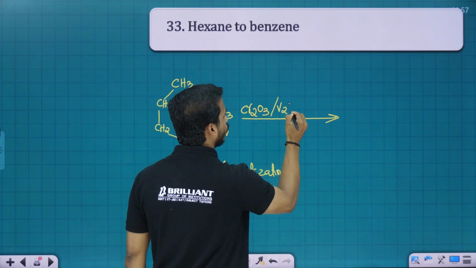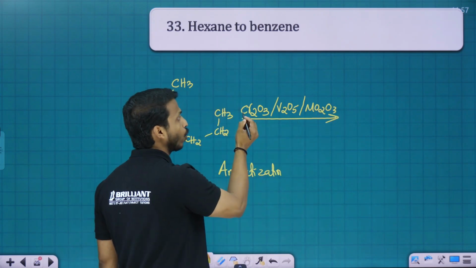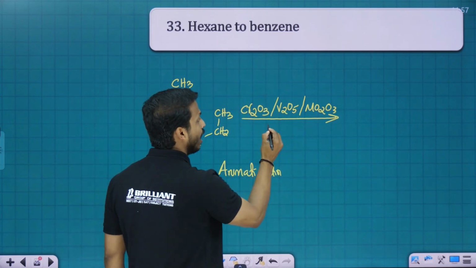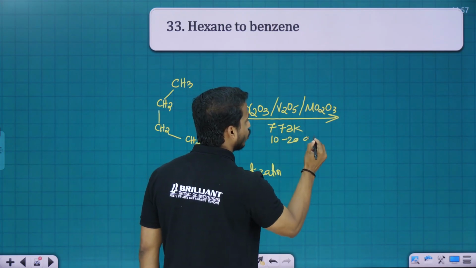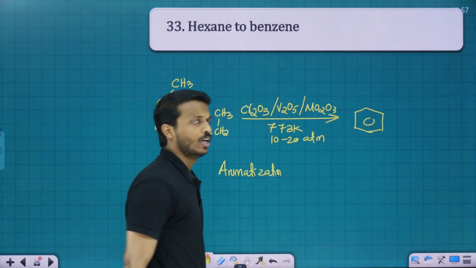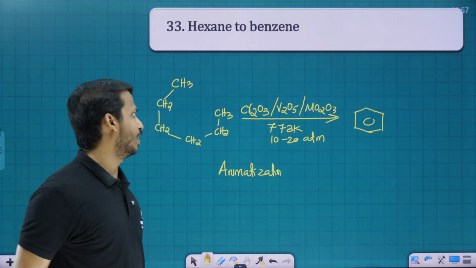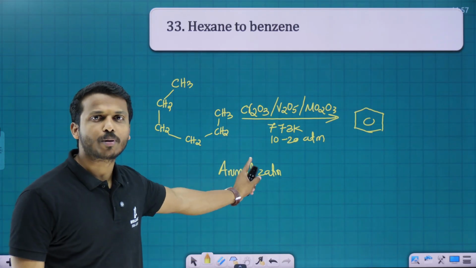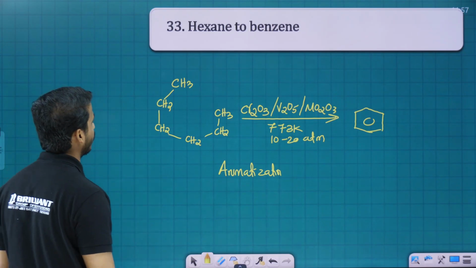Cr2O3 or V2O5 or Mo2O3, the oxides of chromium, vanadium and molybdenum. At what temperature? 773 Kelvin and 10 to 20 atm pressure. What we get is benzene. So how do you convert hexane to benzene? Through aromatization. Don't forget the catalyst, temperature and pressure: 773 Kelvin, 10 to 20 atm pressure.